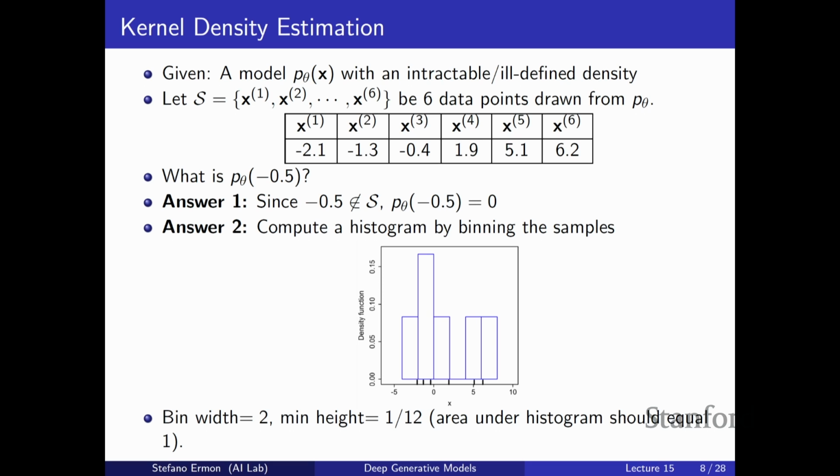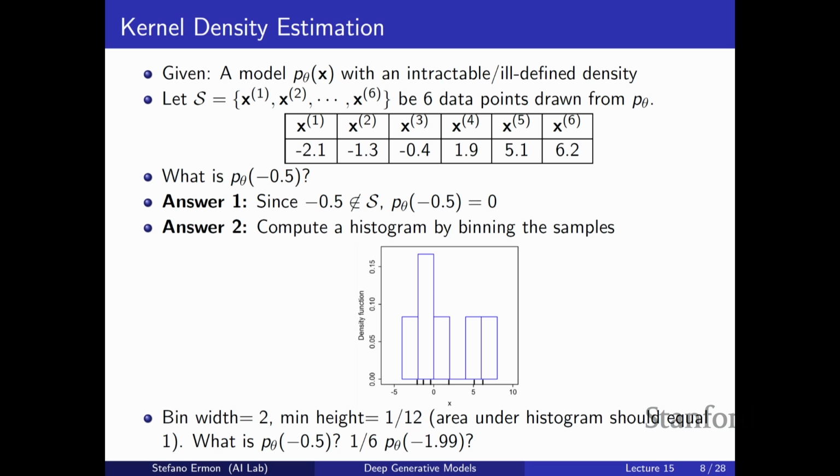Then you can evaluate probabilities of new data points by checking in which bin the test data point lands. Minus 0.5 lands in this bin where there are 2 data points, and so we assign probability density 1/6.